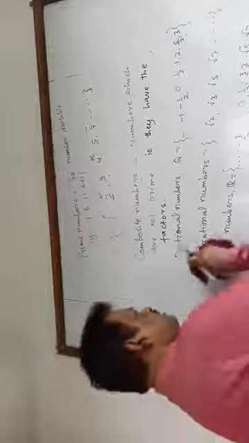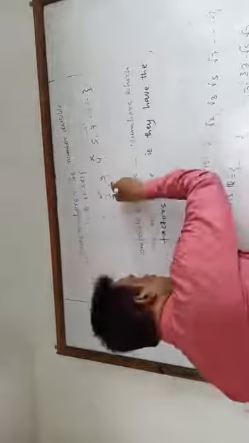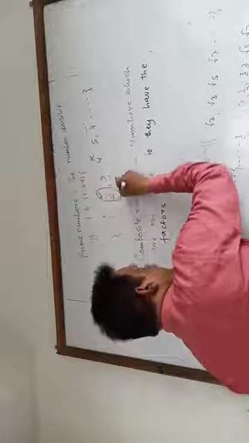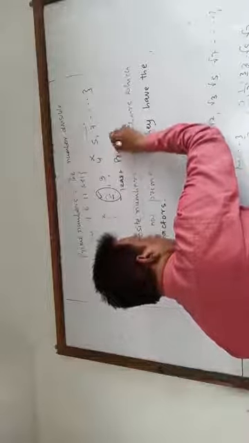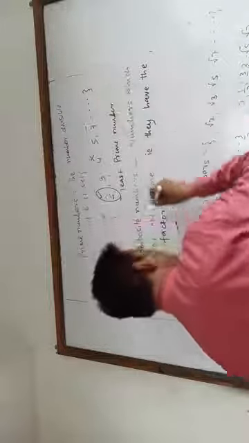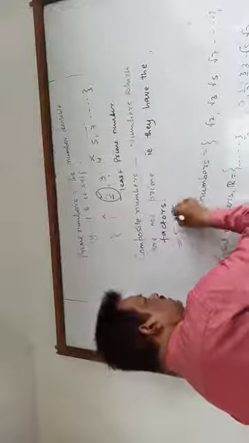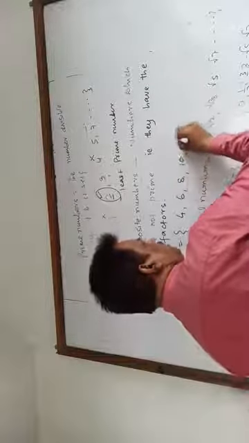The least composite number is, remember, this is your least prime number. Least composite number is 4, 6, 8, 10, 12.